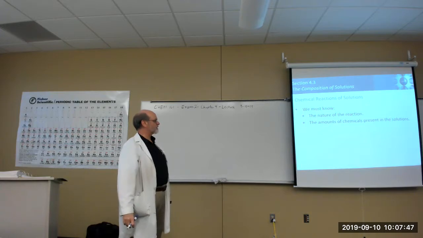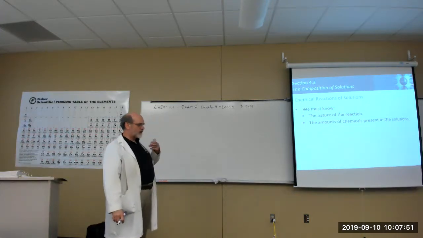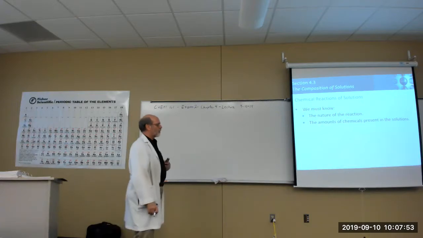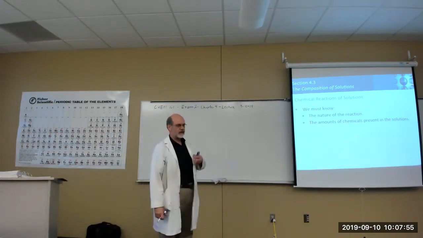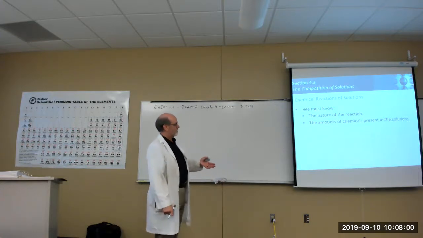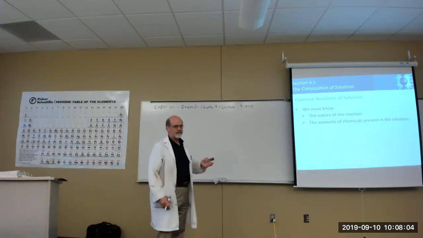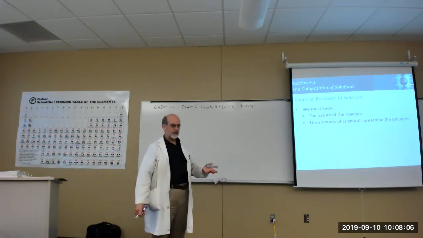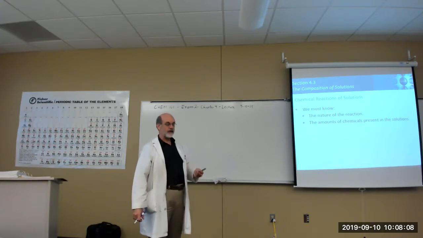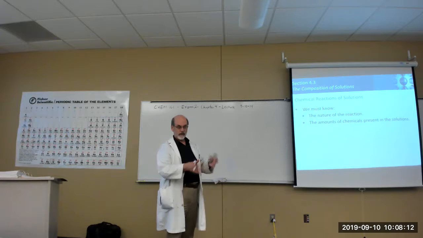So if we're going to talk about the composition of a solution, we eventually have to get to the point where we're describing the chemical reaction that takes place in the solution, if any. Just because it's a solution doesn't mean that there's going to be a chemical reaction, but very often there is. When you place two or more substances in solution, they may react with one another.